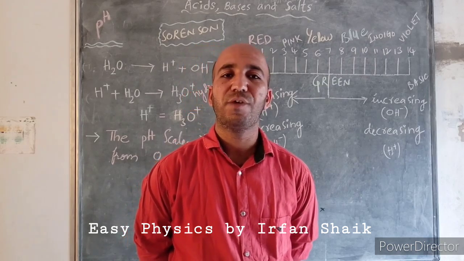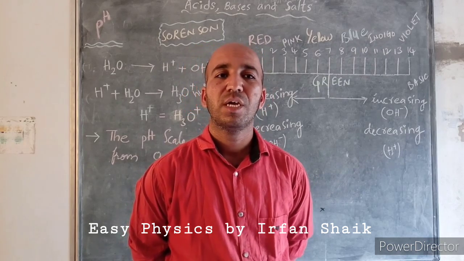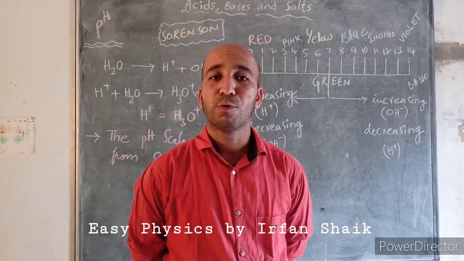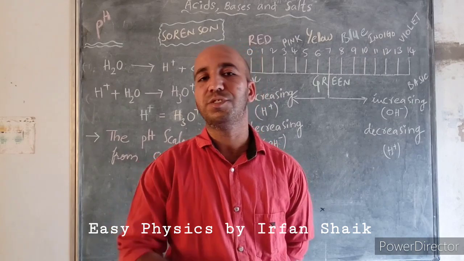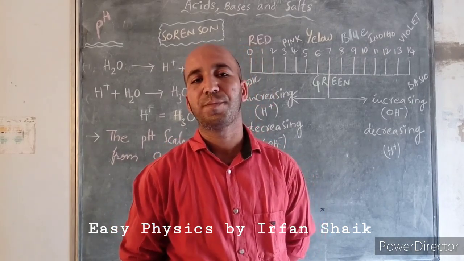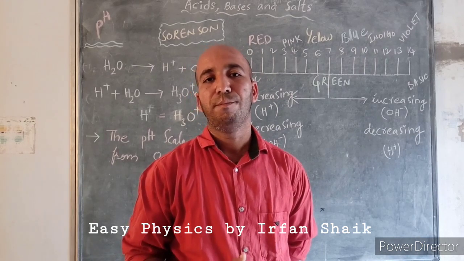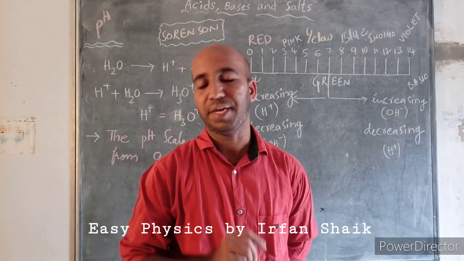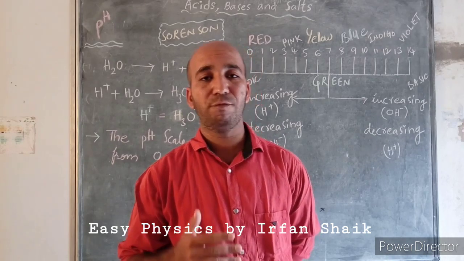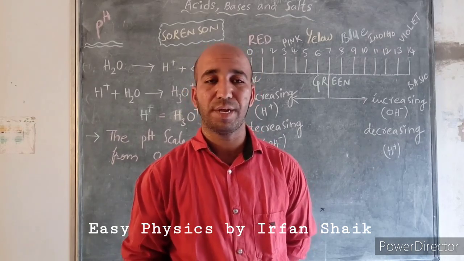When the pH value of the mouth decreases below 5.5, the bacteria present in the mouth produce some acids. This acid makes our tooth decay. That's why we have to brush our teeth twice a day.